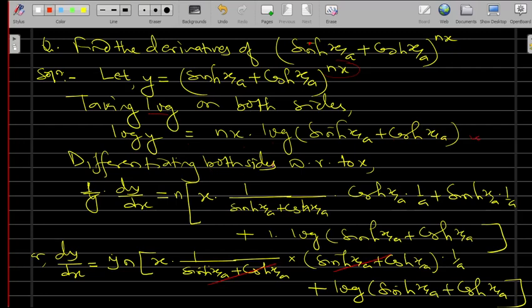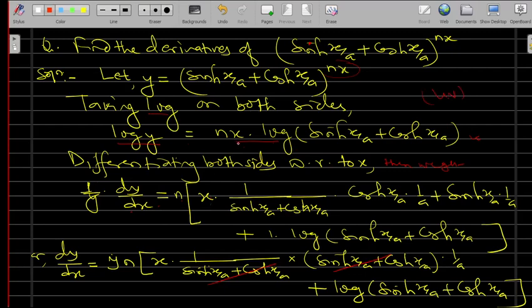Now differentiating both sides with respect to x, we get 1/y dy/dx equals n taken out, and the other terms we use the product form to find the derivatives.